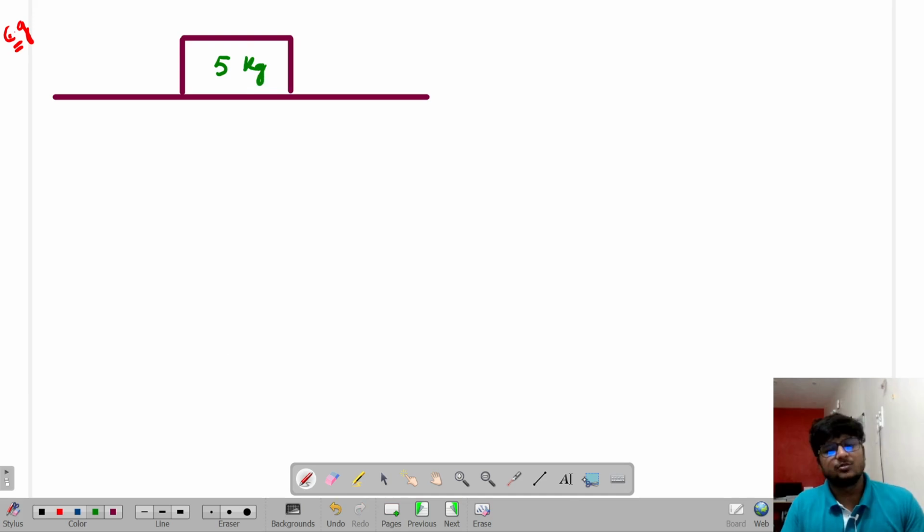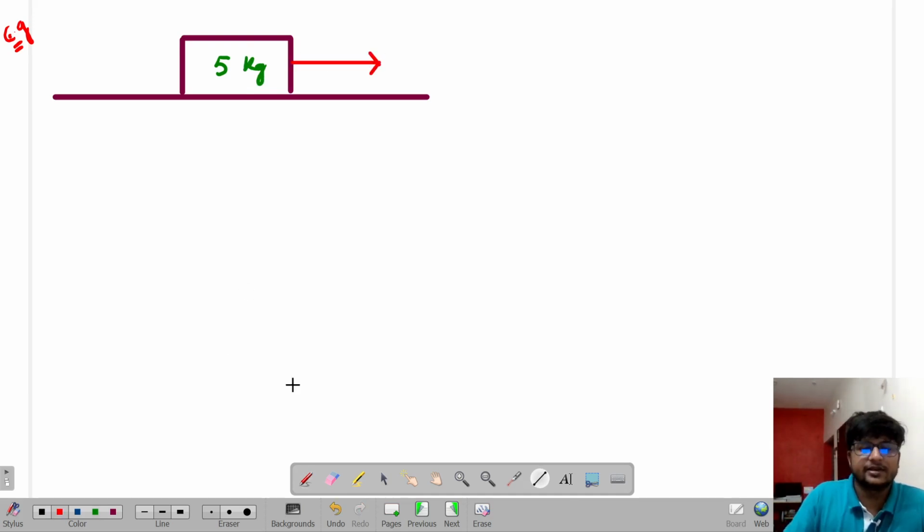So let's suppose there is a block of mass 5 kg and it is experiencing a force. I'm applying some force. On this surface there are two mu's. Mu s is given 0.2 and mu k is given 0.15.